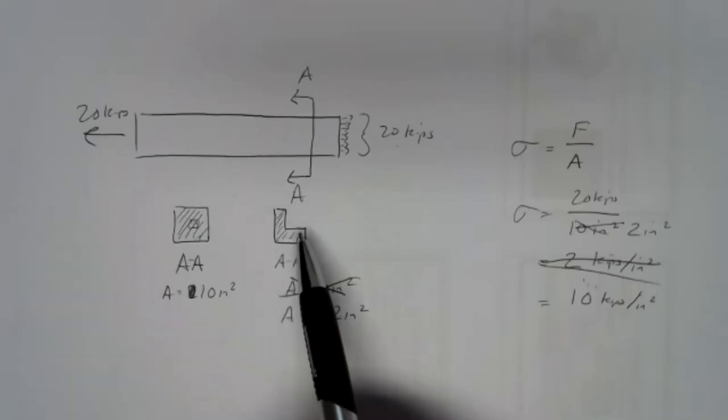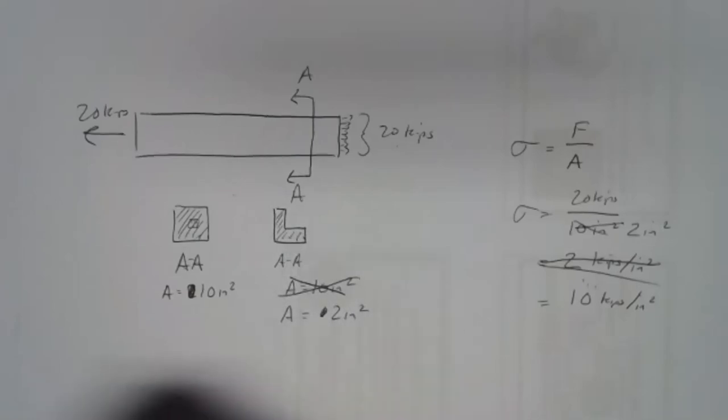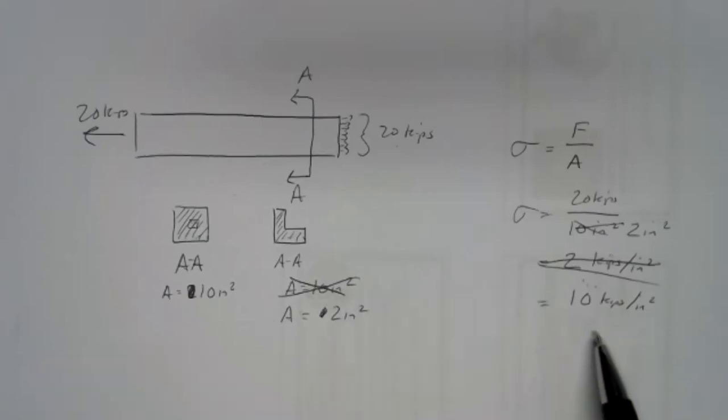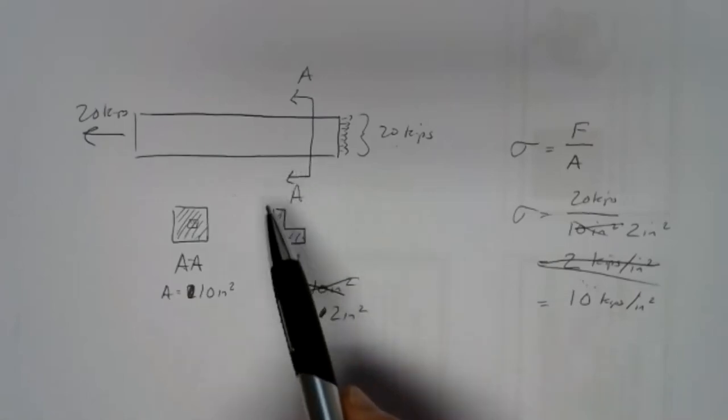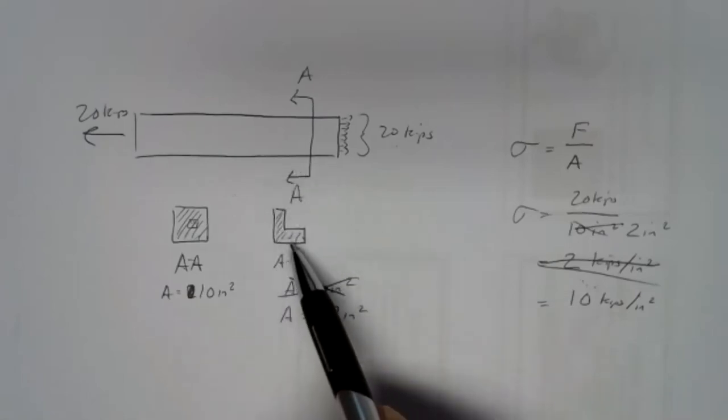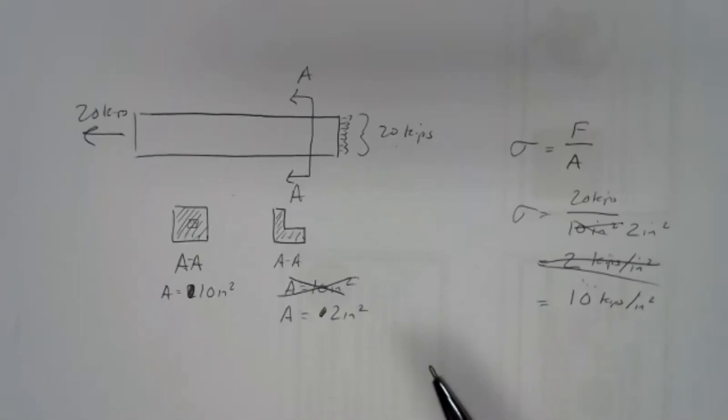We try to find out what's the smallest area that will do the job for me. I've got to support these 20 kips. What's the smallest area? And that involves loading the material up to limits that are fairly high. There are structural limits. There are stresses that will cause permanent changes in shape and eventual breakage of the materials involved. So we have to be aware of those limits.